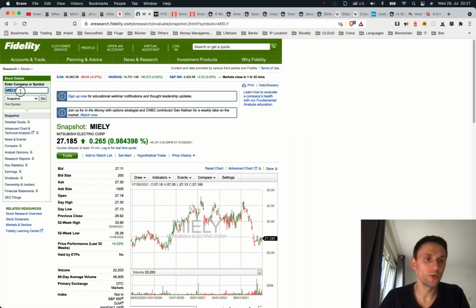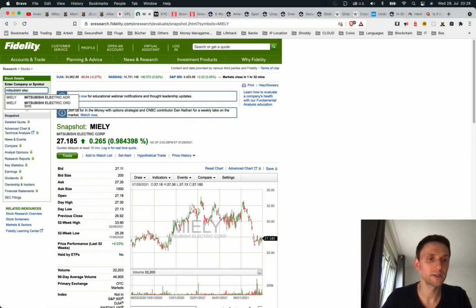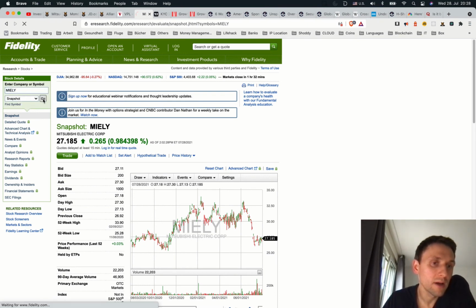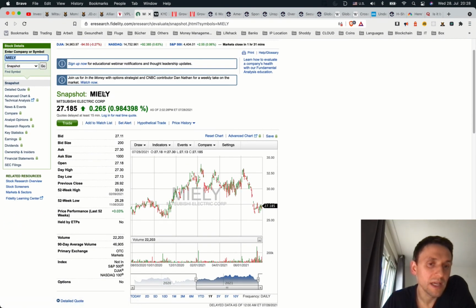So to prove it, we put here Mitsubishi Electric, and we see that we have only two options for it. If we click here and search for it, we see that this is an ADR, probably an unsponsored ADR, or a sponsored ADR of level 1, because before we saw security type here, and now we don't see it.